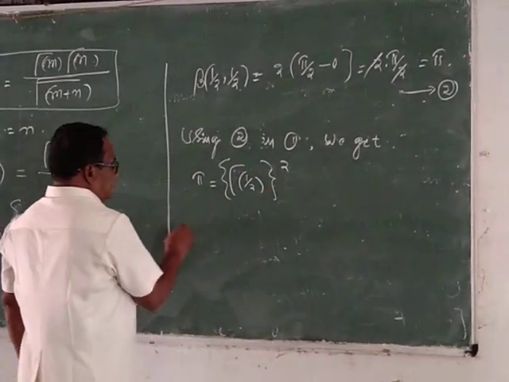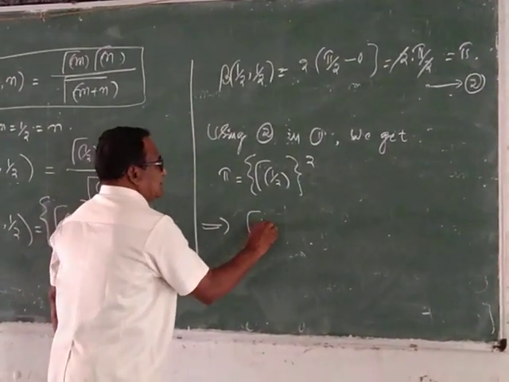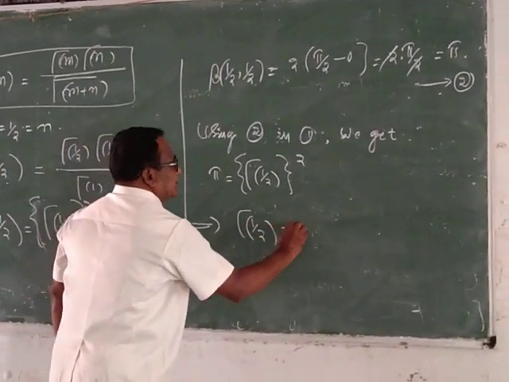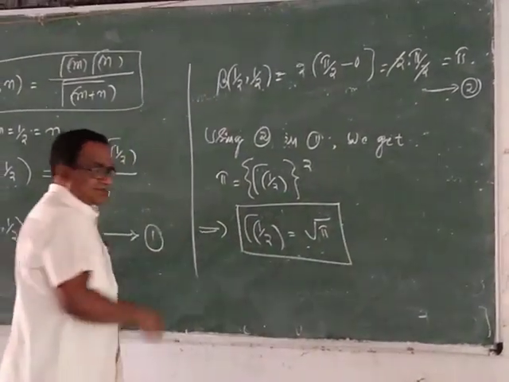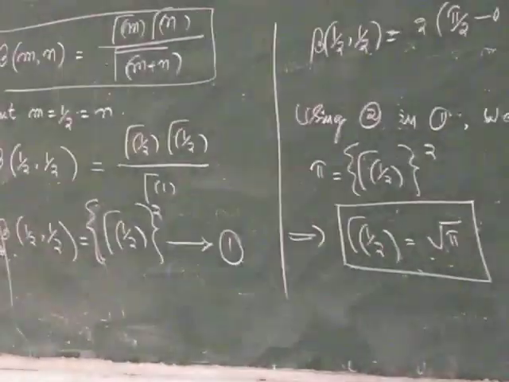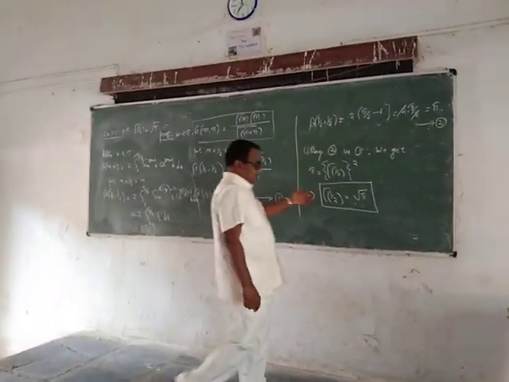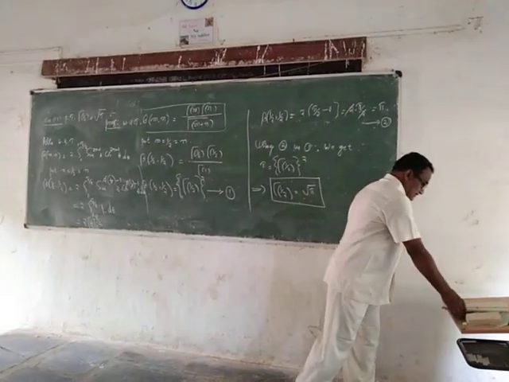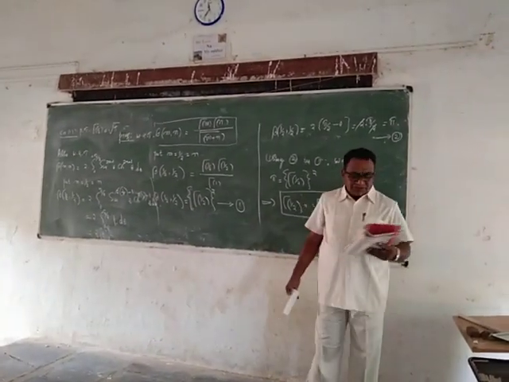Taking the square root on both sides, therefore gamma half is equal to root pi, an important result. We are going to use this value while solving the examples. So always, gamma half is equal to root pi.